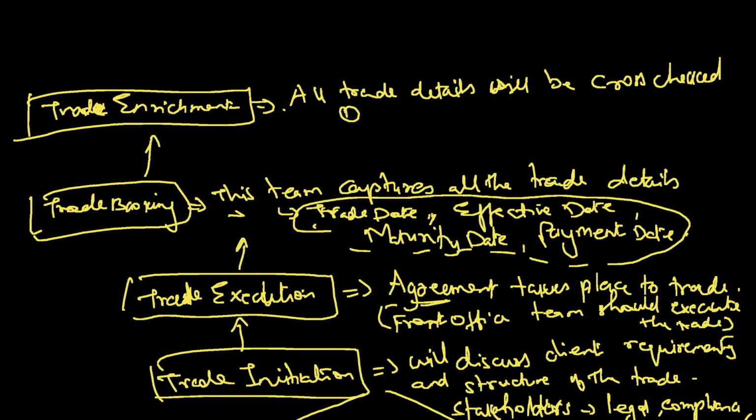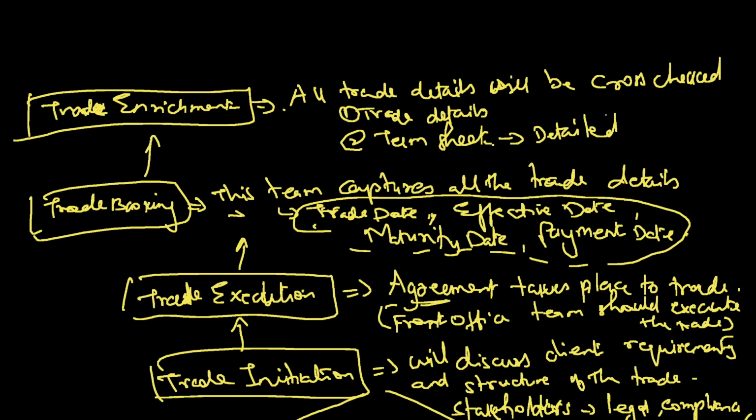So there are two parts. One is trade details, and another one is term sheet. The term sheet will have detailed information about the product, as in all the other terms and conditions. Detailed information of the product will be cross-checked.